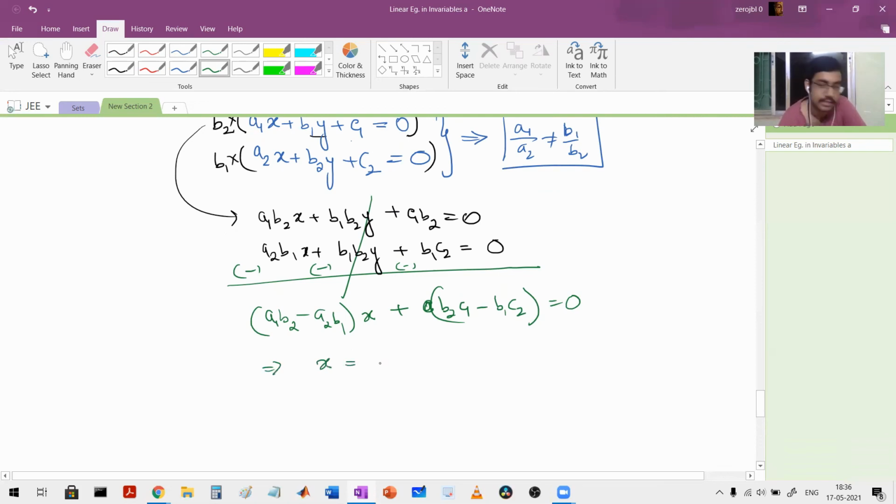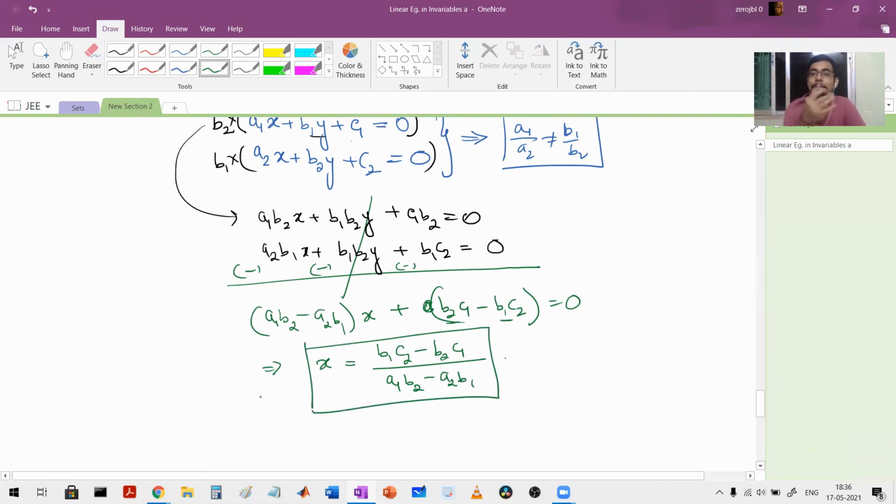If I want to find x, this b1 c2 I need to put on that side. So x equals (b1 c2 minus b2 c1) by (a1 b2 minus a2 b1). Did you get the value of x? See, this is the final value of x, simply by using the coefficients, nothing else.